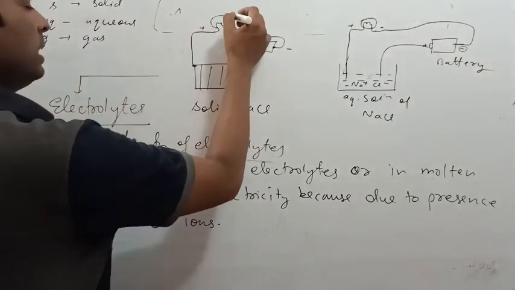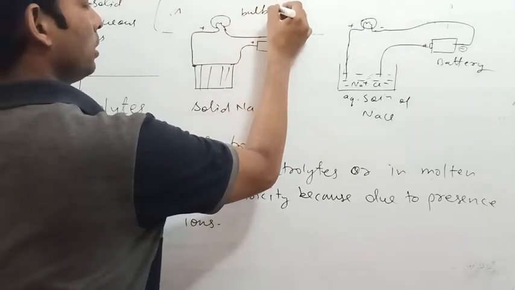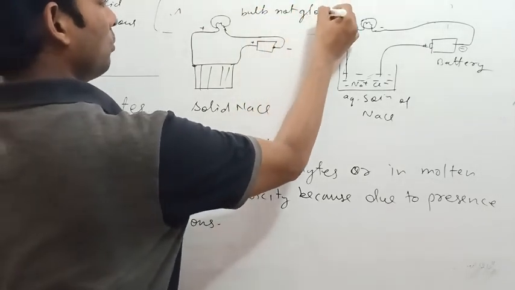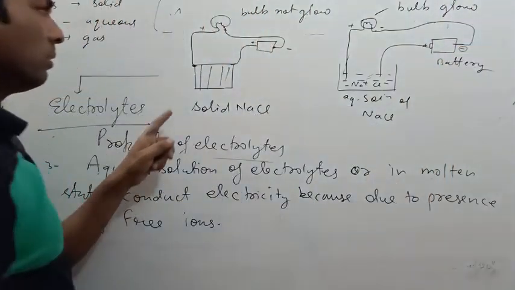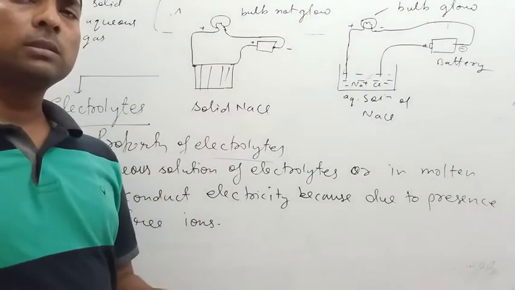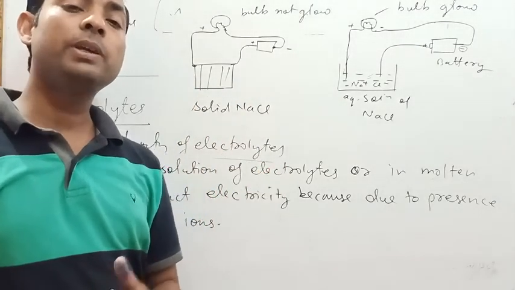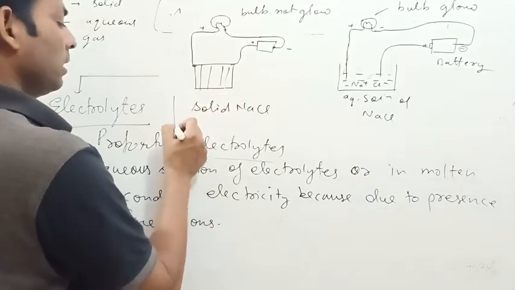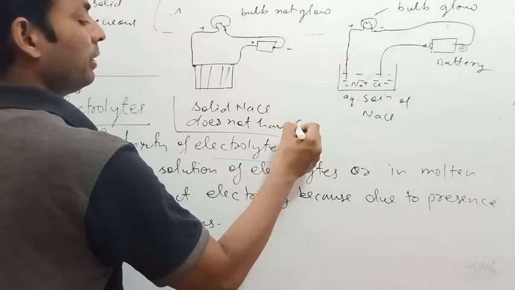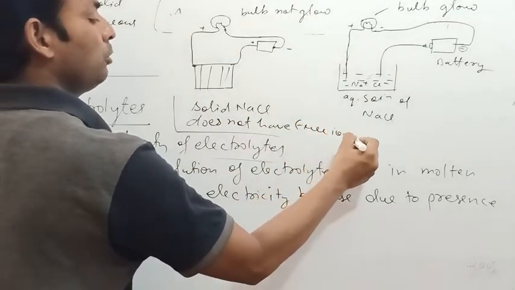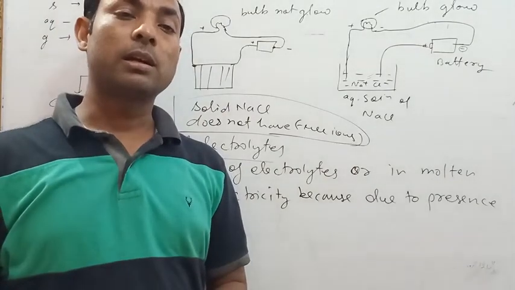But the bulb does not glow, whereas in the aqueous solution the bulb glows. Why is it not happening here? Because solid NaCl does not have free ions, and due to the absence of free ions, it cannot conduct electricity.